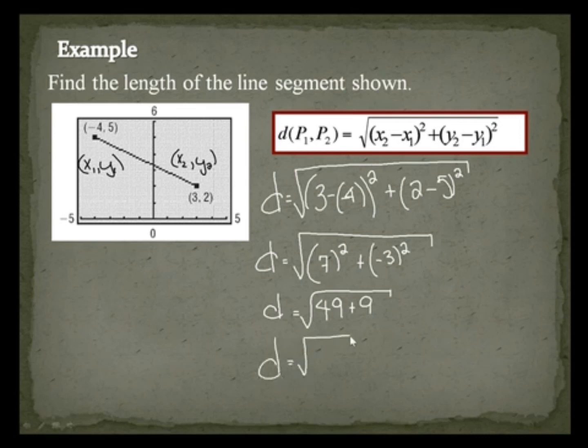So we have the distance of the square root of 58. And there isn't a perfect square that divides evenly into 58, so this turns out to be my distance.